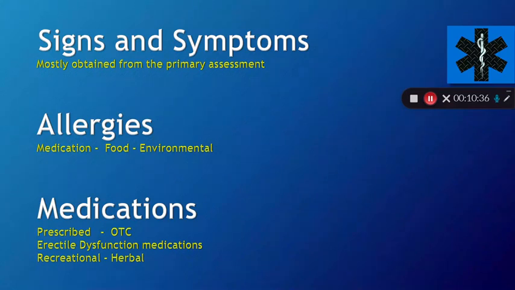I tell them the same thing about erectile dysfunction meds. I'm like, I just need to know. Because if I give you nitroglycerin, it could drop your blood pressure and it could kill you. And when you put it to them very bluntly like that, they're pretty honest with you most of the time. Okay? So recreational drugs and medication is always something we want to know about.